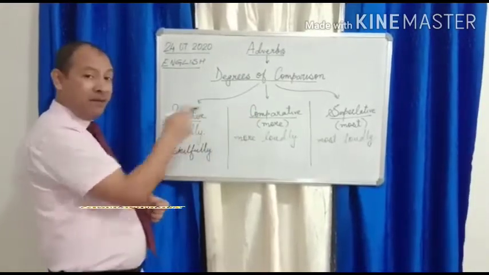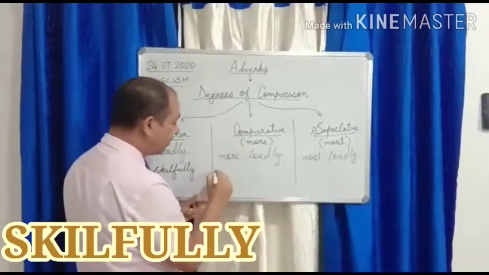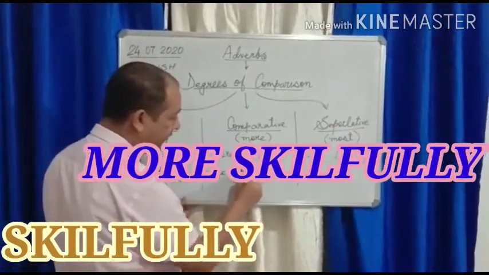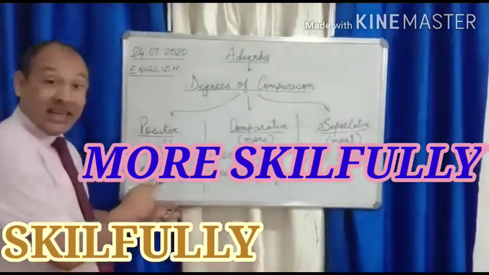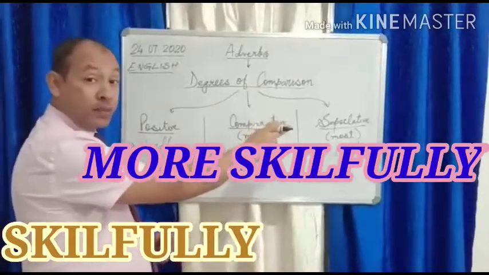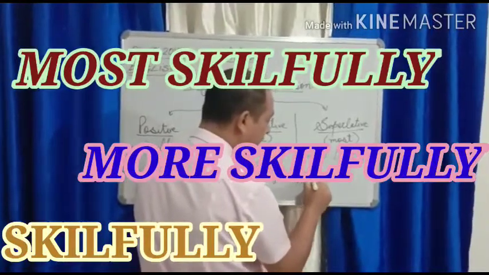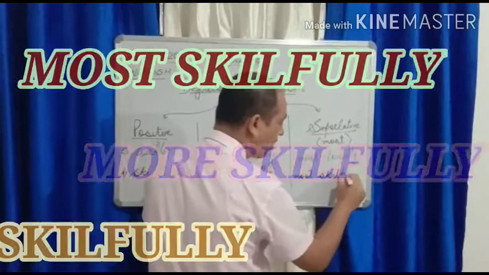To make the comparative form of the positive skillfully, we add more, so it becomes more skillfully. Single L, remember, in the word skillfully for the adverb. And to go to the superlative form, we add most, which becomes most skillfully.